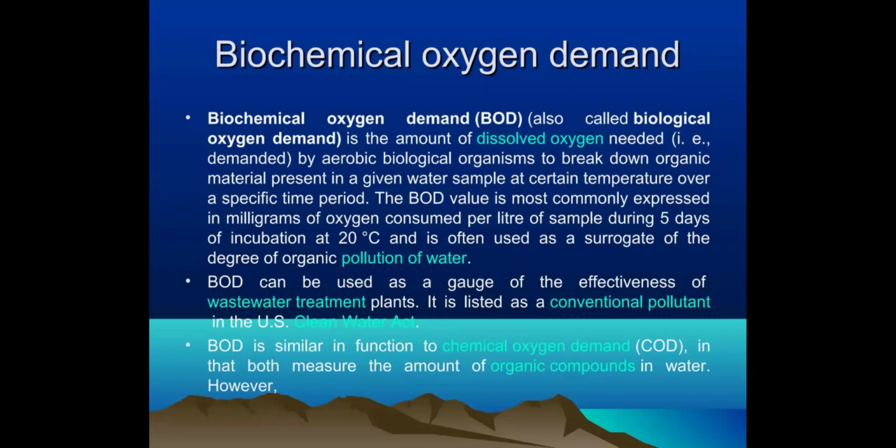BOD can be used as a gauge of the effectiveness of wastewater treatment plants. It is a listed conventional pollutant in the US Clean Water Act. BOD is similar in function to chemical oxygen demand in that both measure the amount of organic compounds in water.